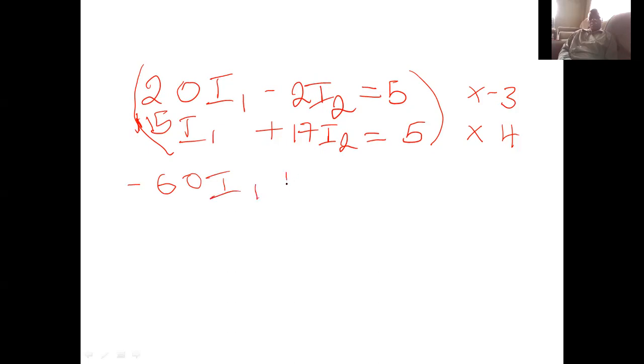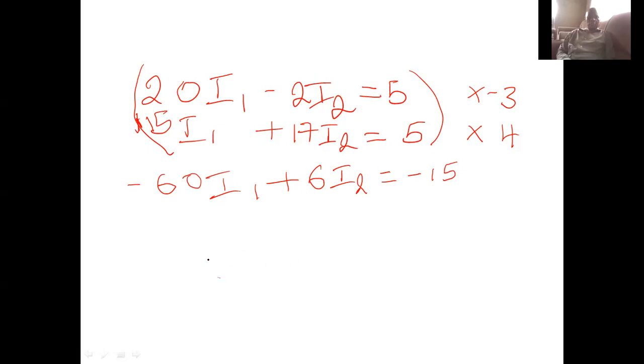And then -3 times -2, I2, gives us positive 6 I2, which is equal to -3 times 5, which gives us negative 15.